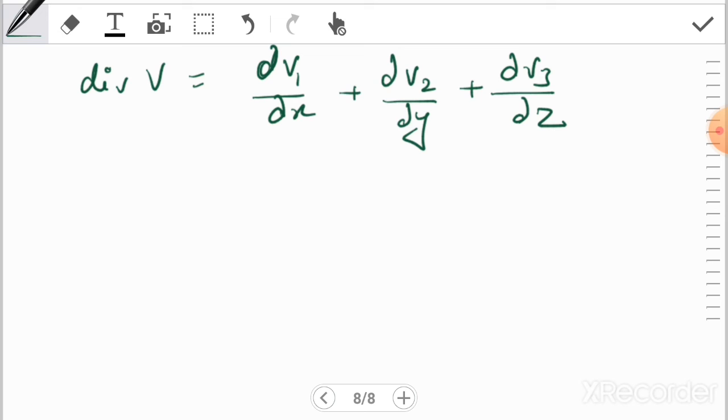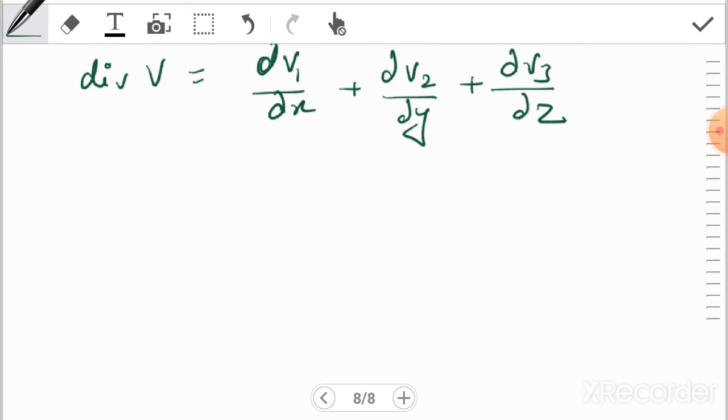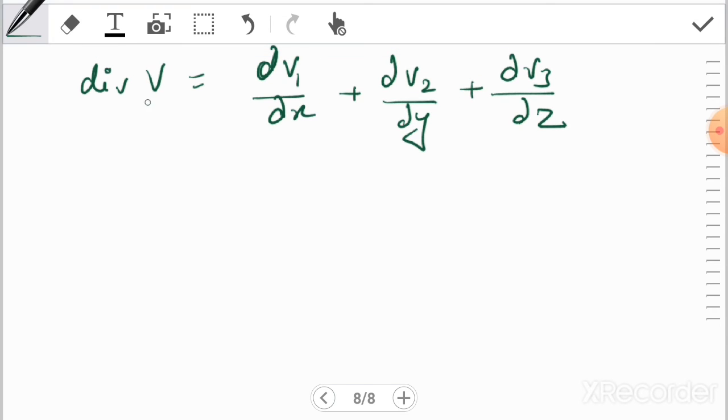This is called the divergence of v, or the divergence of the vector field defined by v. For gradient we denoted it as del f; for divergence we write del dot v.